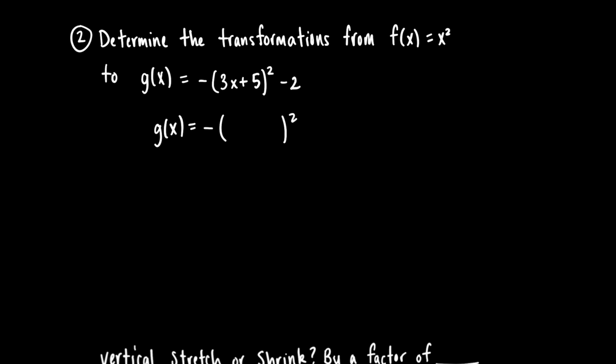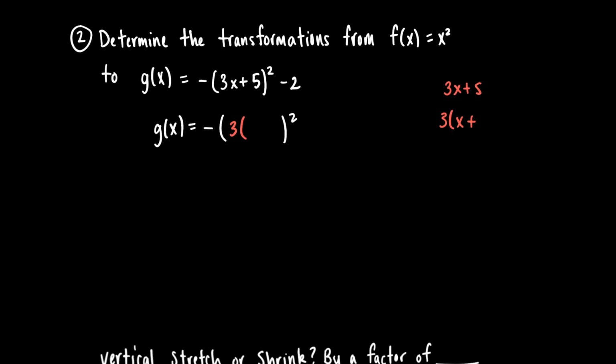I'm going to factor out the 3 here because I need that x to be alone. So I'm going to pull the 3 out, and the question is what's left if we pull that 3 out? If we have 3x plus 5 and we pull the 3 out, what should I put where that question mark is?